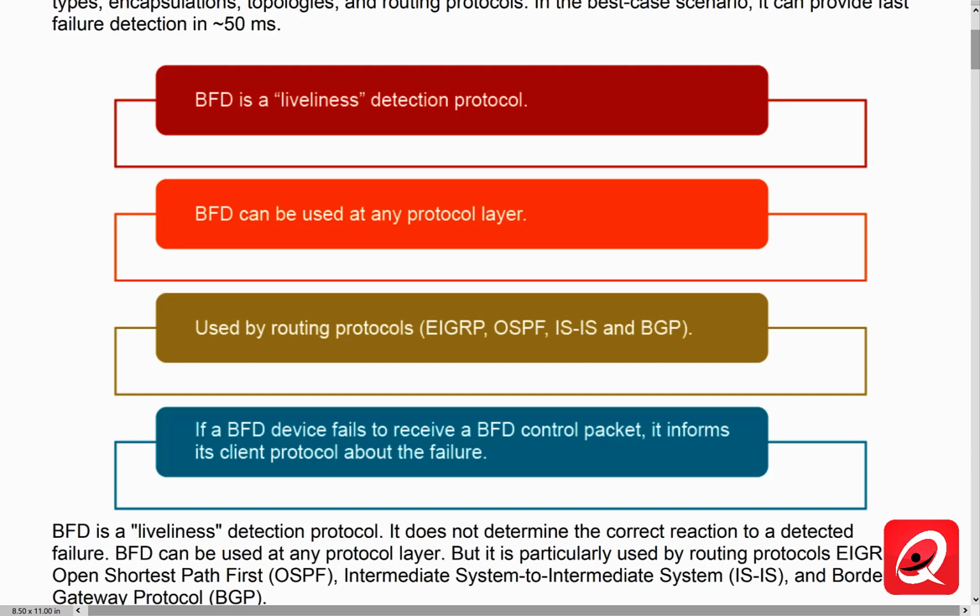We're using these micro timers to negotiate this BFD session. But BFD is much less process intensive, right? The thing about hello packets, some people might say, well, can't I just adjust the hello packets to sub-second intervals and the dead timers to sub-second intervals? But those are CPU processed functions, right?